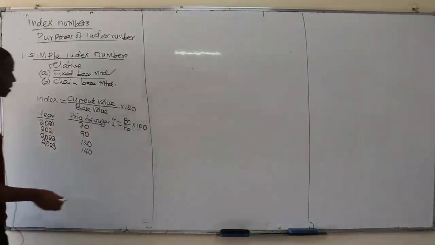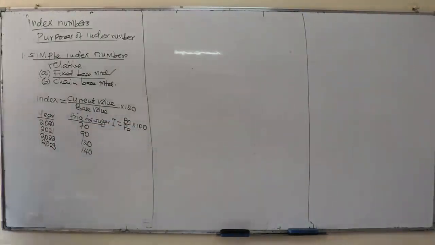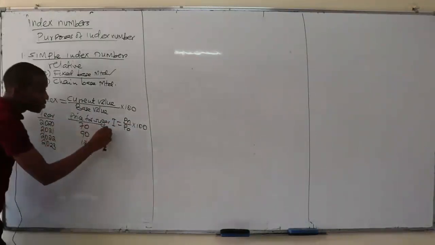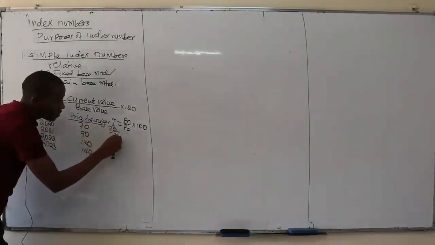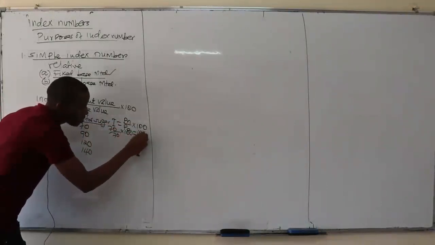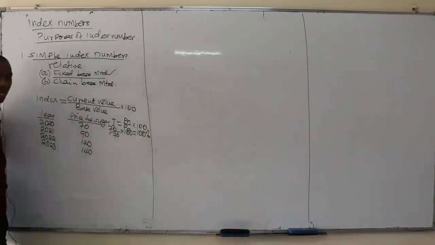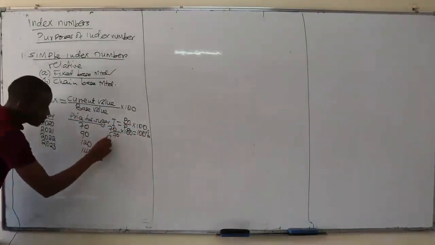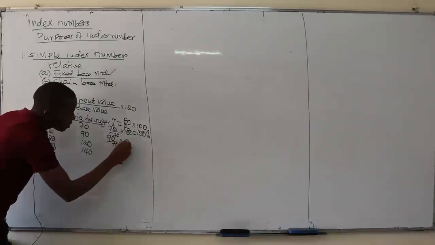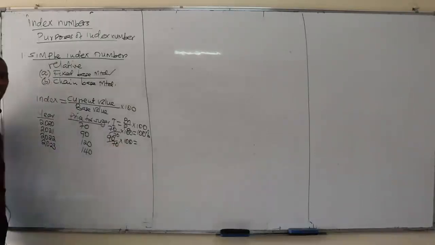In our case, the base value is year 2020, which is 70. So 70 over 70, you multiply by 100, which gives 100%. Year 2021 is 90 over 70, you multiply by 100. How much is it giving you?